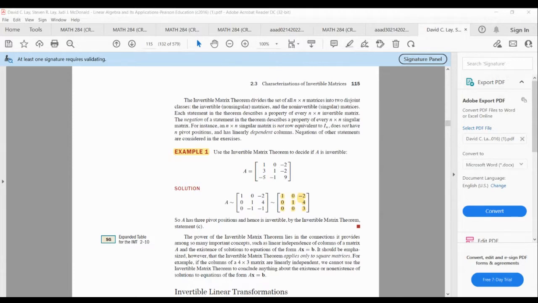How many pivot positions are there in the highlighted matrix?